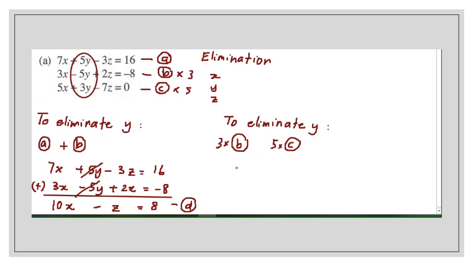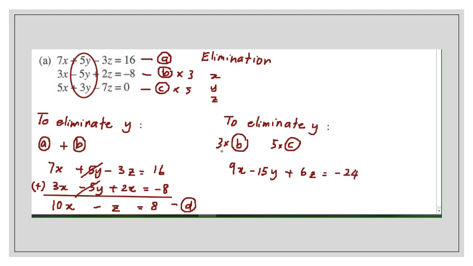Then your pair of new equations would be 9x minus 15y plus 6z equal to negative 24.